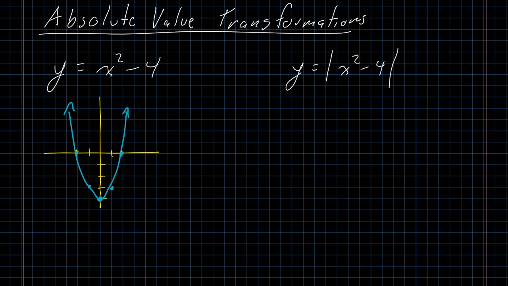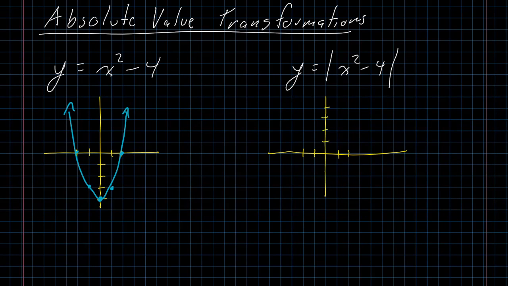Now I want to graph y equals the absolute value of x squared minus 4. And once again, as I've said many times with transformations, you can work through this algebraically if you want to. It will absolutely work. But I find that it is far and away easier to think about this in terms of what the function is actually doing.